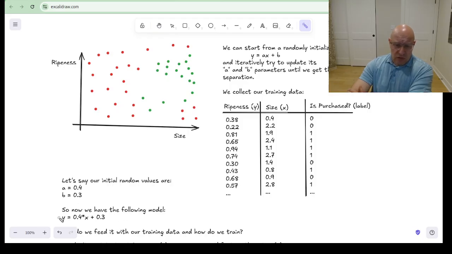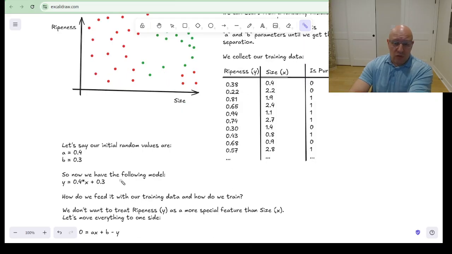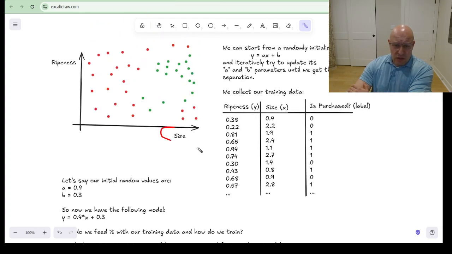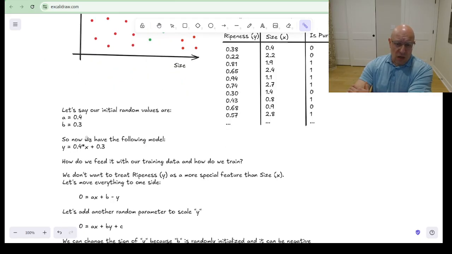So now we have this, this is our model, and so what do we do with it, right? How do you train this with this data? How do you perform this training? First thing I want to do is that, we decided that size is going along the x-axis, and then ripeness goes along the y-axis.